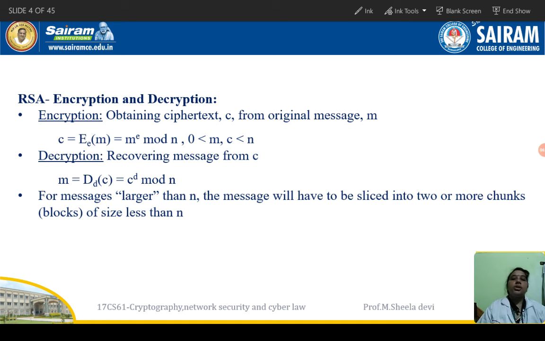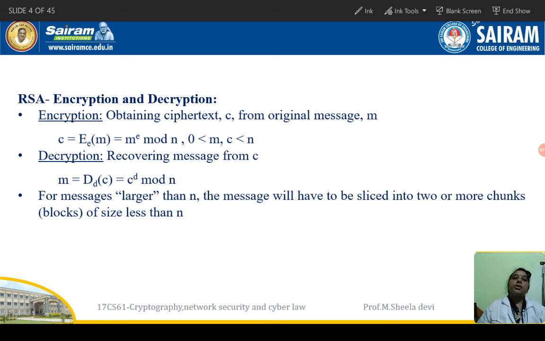So all three sections are over in RSA encryption. Key generation is done by following the 4-5 steps which I have described, and the result is the two keys, E and D, that is, the public and the private key. Then encryption is ciphertext equal to m power e mod n, where e is the public key and n is equal to p into q.